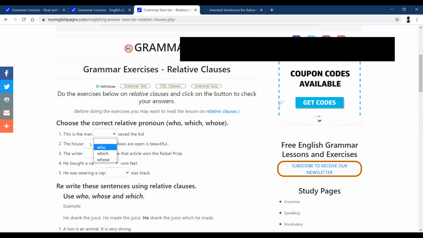So in this question, we choose "who", because we don't usually use "which" to describe a person, a human. So we eliminate "which" and continue observing "who" or "whose". When you are saying "whose", for example, this is the house whose owner is a landlady.